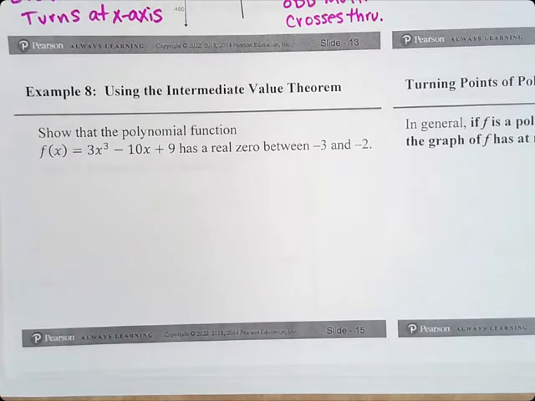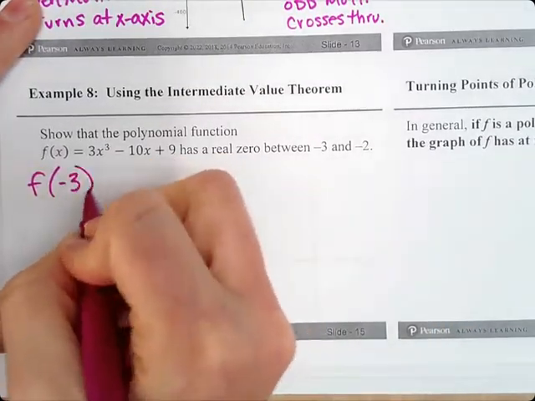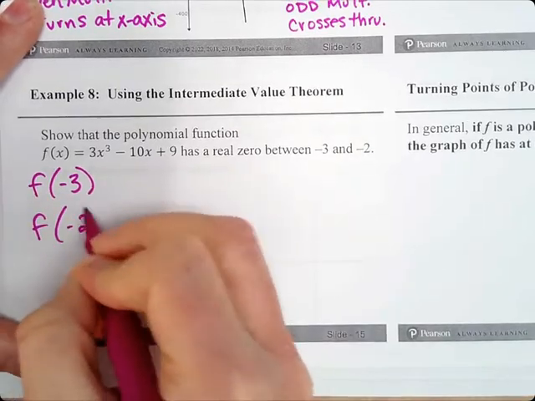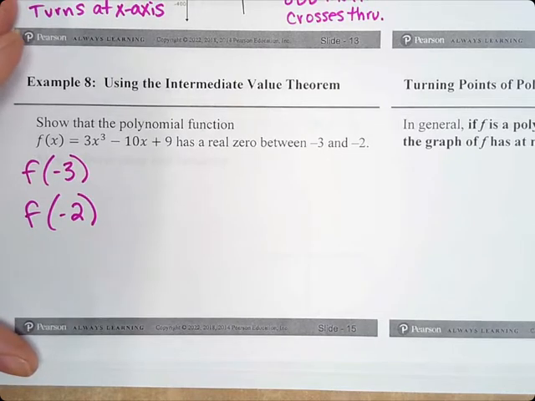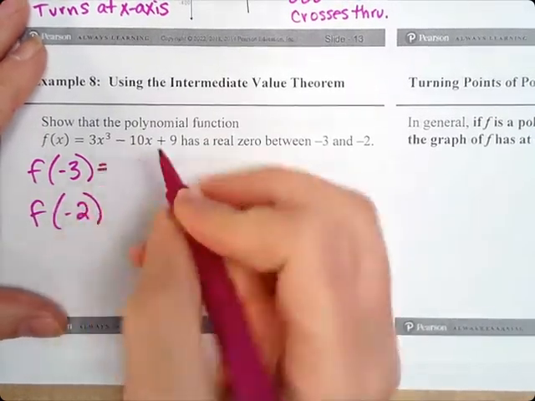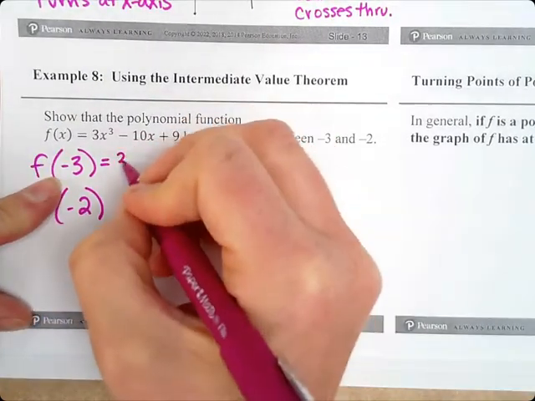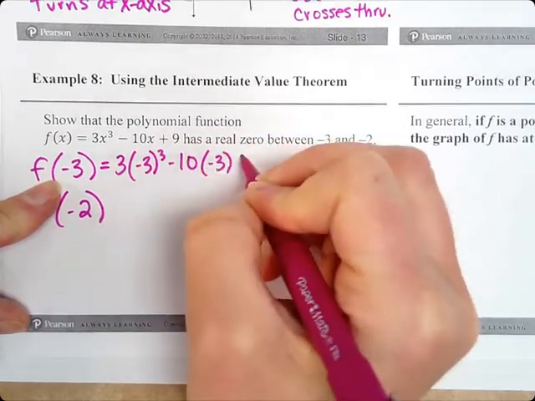So it says f of x equals 3x to the third power minus 10x plus 9 has a real 0 between -3 and -2. The way we show that is by looking at f of -3 and f of -2. So we could just plug in -3 for x. So this is 3 times -3 to the third minus 10 times -3 plus 9.